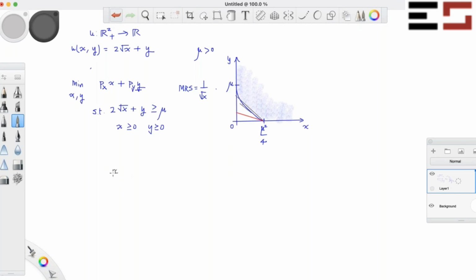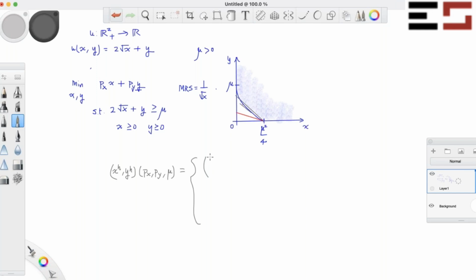Okay, so xh, yh, px, py, mu is equal to, and in this case it's a unique solution, so I can use the equal to sign, there's no problem. So what is this point?